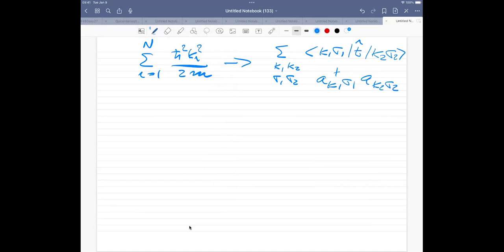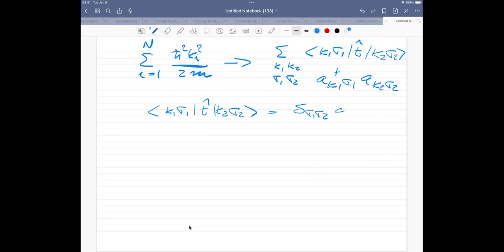And yesterday, what we found is that these matrix elements, k1 sigma 1 of T of k2 sigma 2, have to be equal to a Kronecker delta of sigma 1, sigma 2, because the kinetic energy does not act on the spin degrees of freedom.